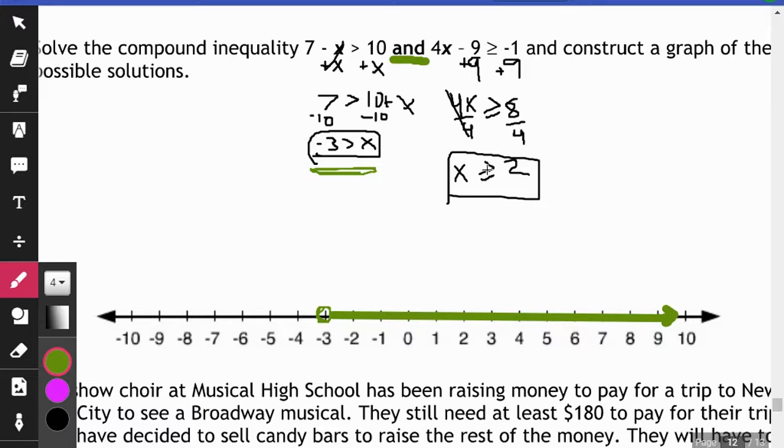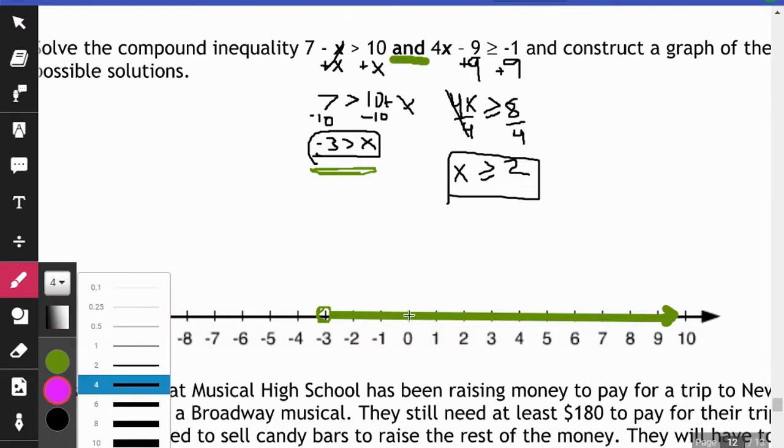And now it says x is greater than 2. I'll do that one in purple. Here's 2. Greater than or equal to 2, isn't it? I'm going to put a little dot here.